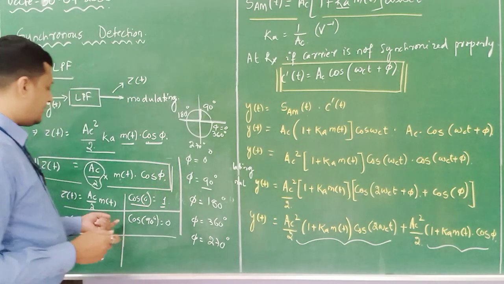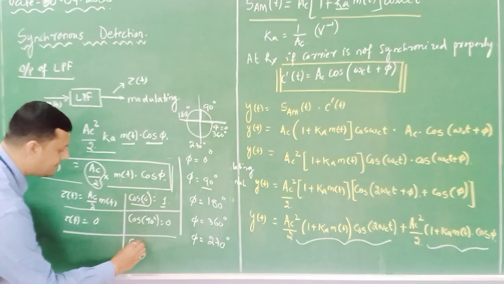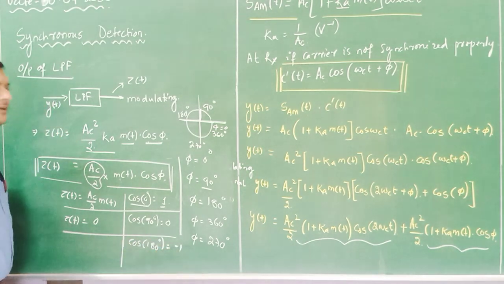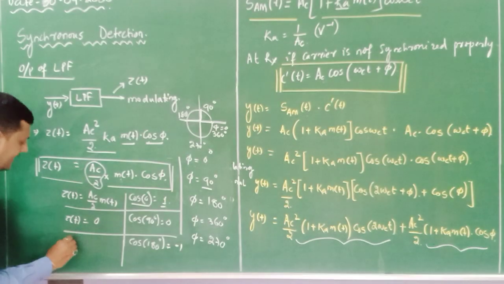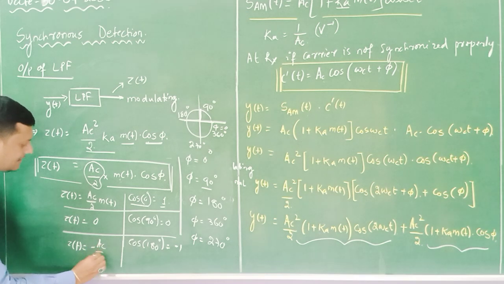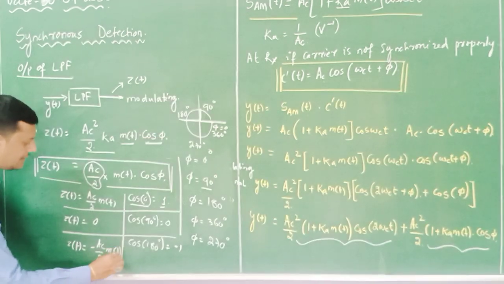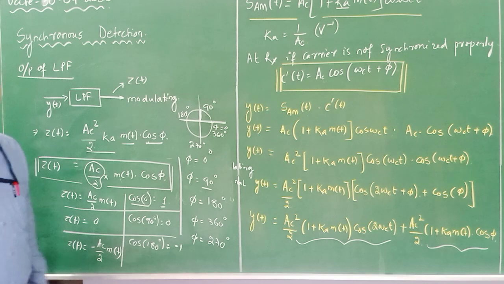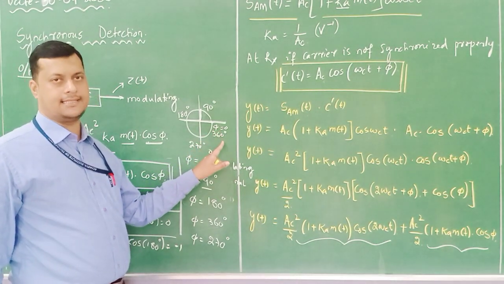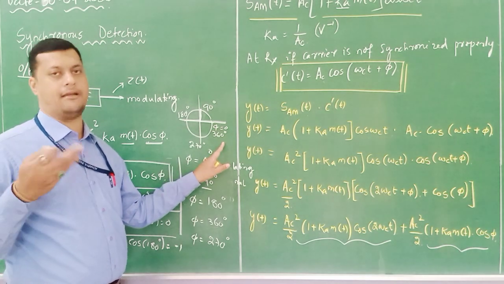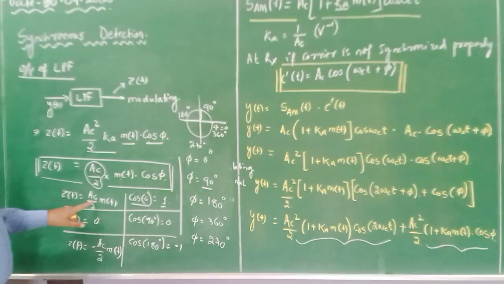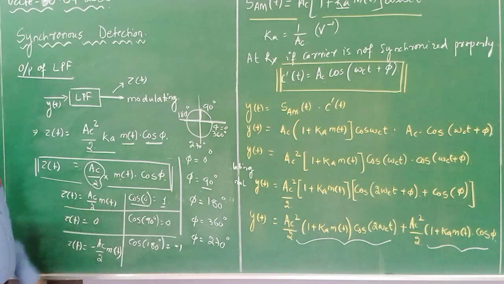Okay. Now if I use cos 180 degree, 180 degree means minus 1, and we will get Z of t is equal to minus AC by 2 M of t. So this indicates that whenever it suffers 0 degree or 360 degree, we will get a positive amplitude, the positive part of the modulating signal, as you can see, AC by 2 M of t.